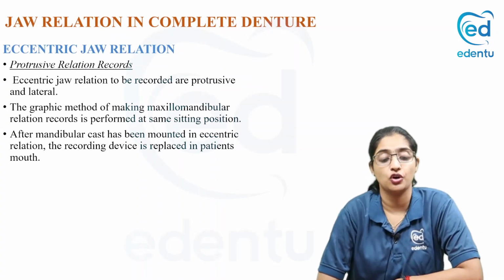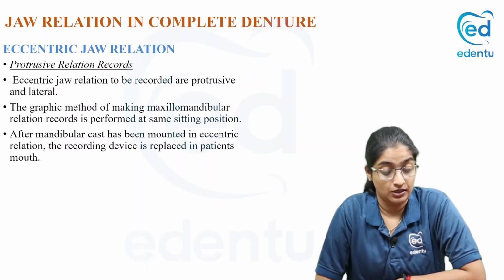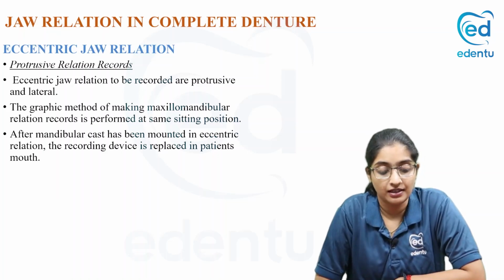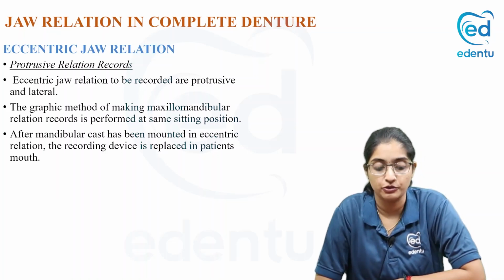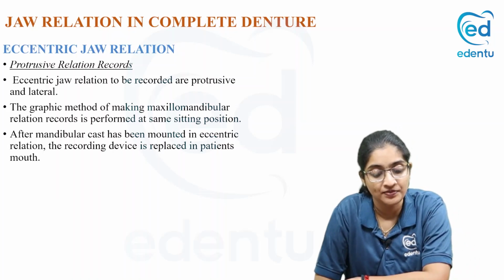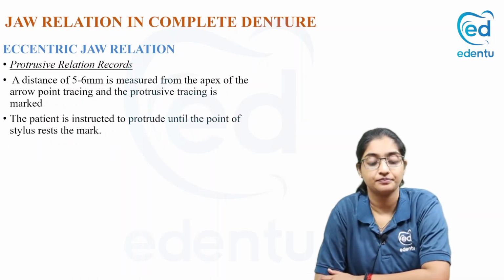Coming to eccentric jaw relation, you have protrusive records. Eccentric records can be protrusive and lateral. Now, the graphic method of making mandibular static records is performed in the same sitting position after the mandibular cast has been mounted in eccentric relation. The recording device is replaced in the patient's mouth.